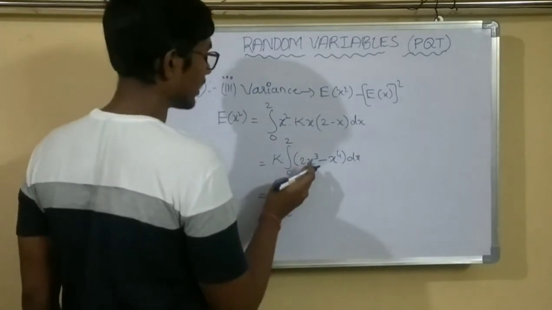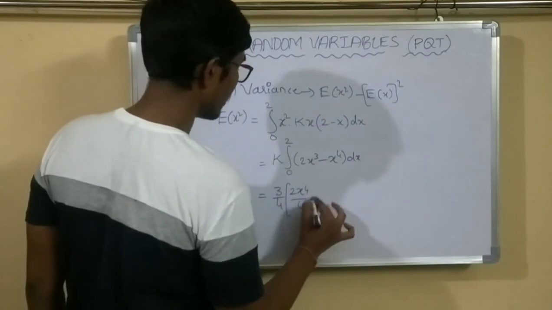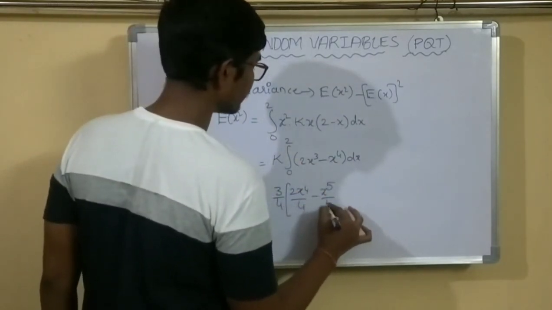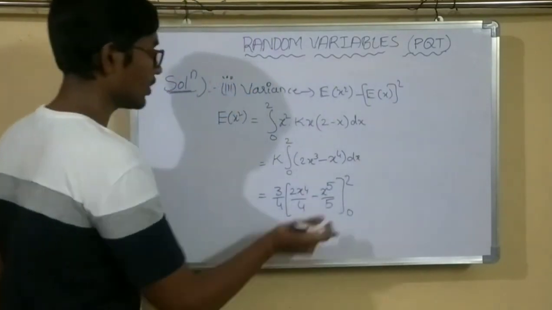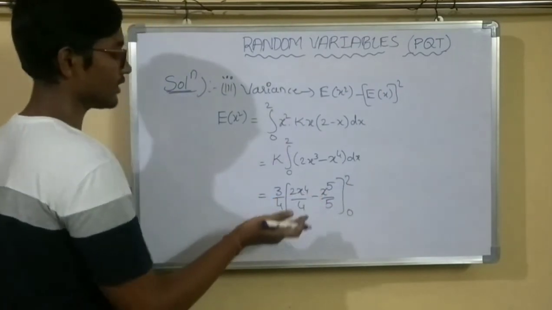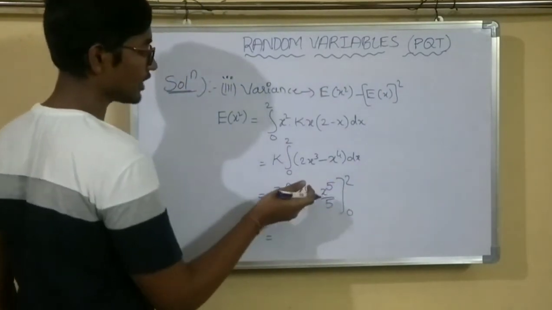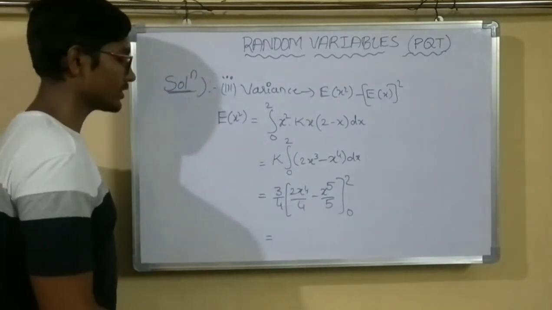So the integral of 2x cube is 2 into x power 4 by 4 minus the integral of x power 4, which is x power 5 by 5, and the integral limits are 0 to 2. Now I am substituting the limits inside the function. So if I substitute x value 2 here, it is 2 into 2 power 4. 2 into 2 power 4 value is 32.